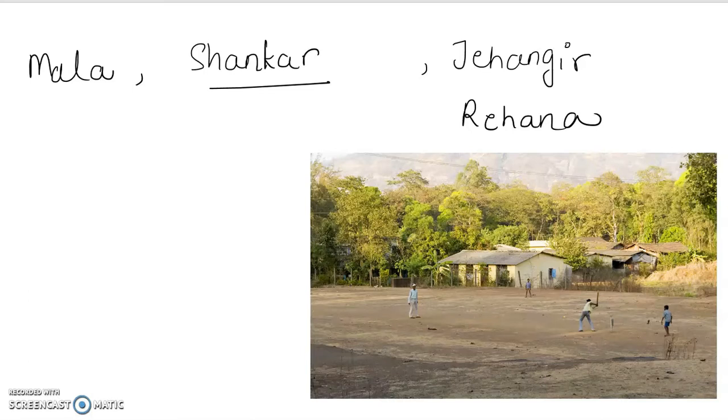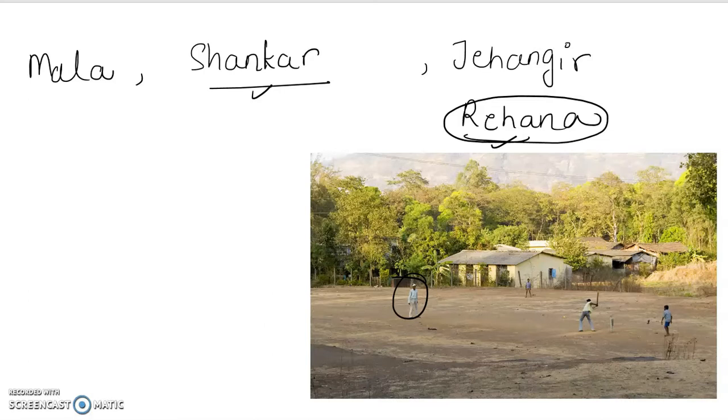So what happens is, Shankar was doing the bowling. Here, let's say we've got Shankar who's doing the bowling, and he made sure that he'd throw Rehana out of the game. It was their turn. So he basically threw the ball very well, and he thought that Rehana was going to declare herself lost, and she's going to leave.